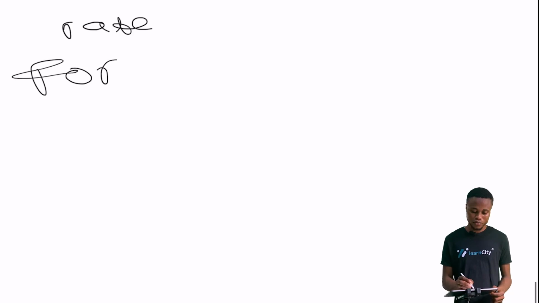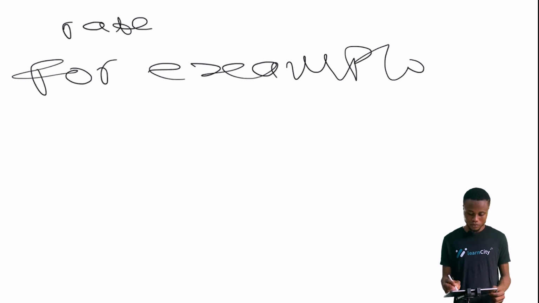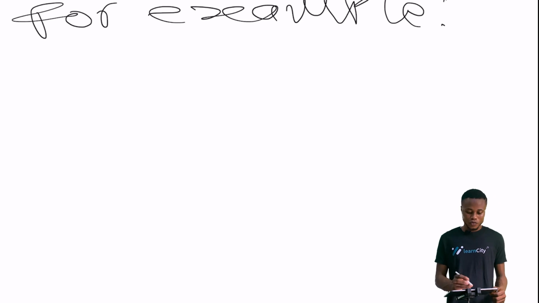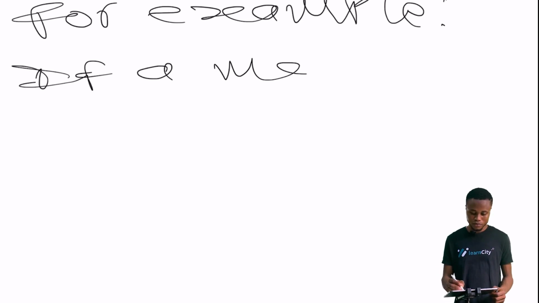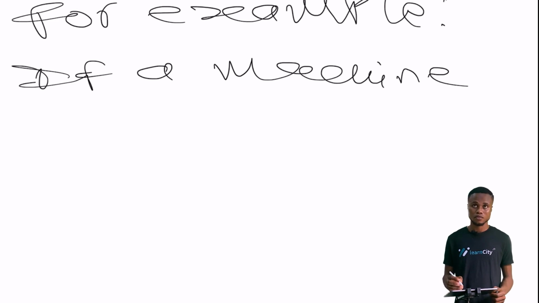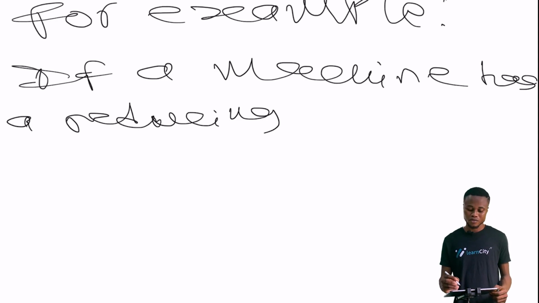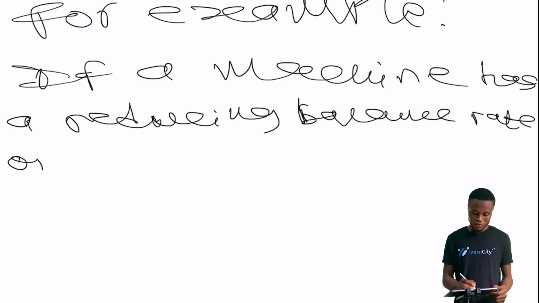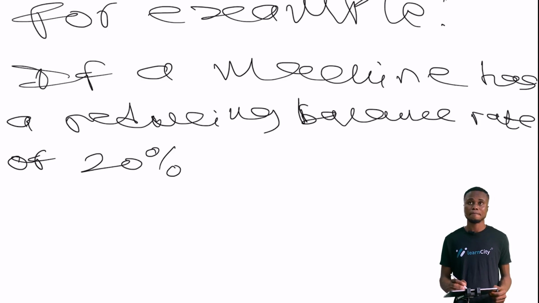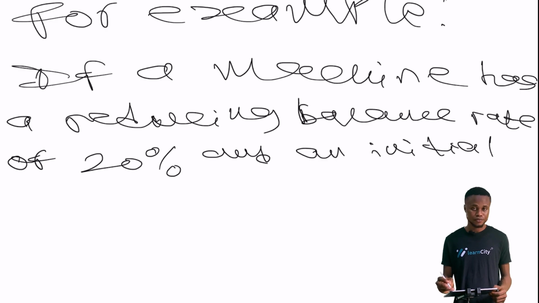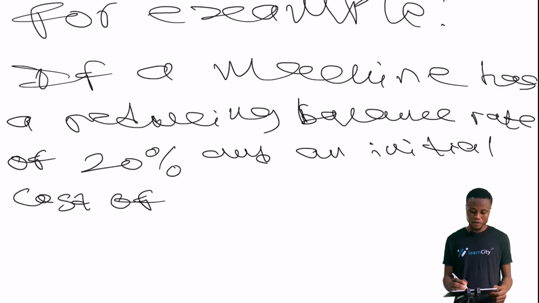For example, if a machine has a reducing balance rate of 20% and an initial cost of 1 million naira.